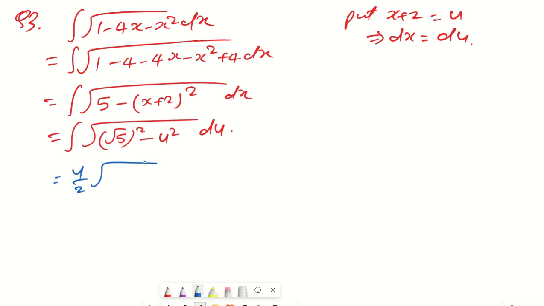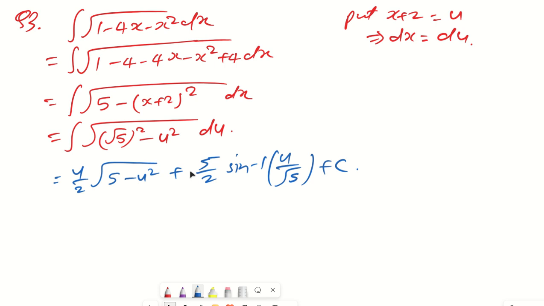Root 5 square, that is 5, minus u square. Okay. Plus a square, or it is going to be root 5 square, so that is going to be 5 by 2 sine inverse of x by a, that is going to be u by root 5.